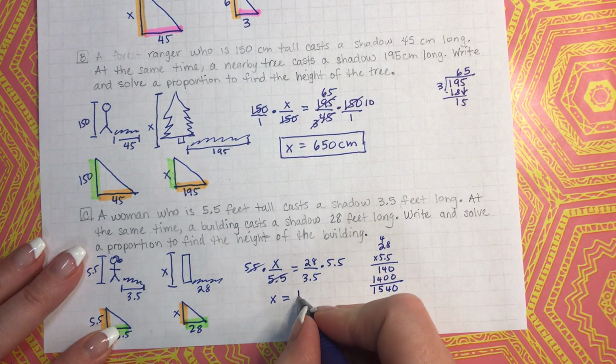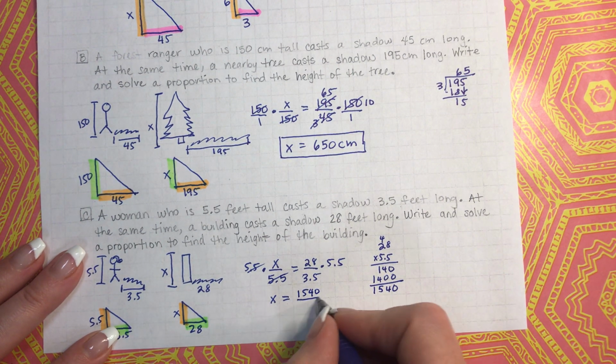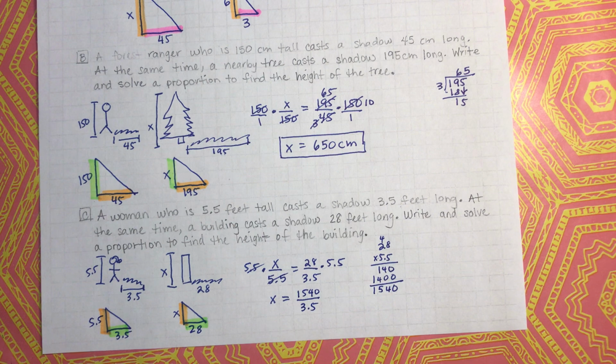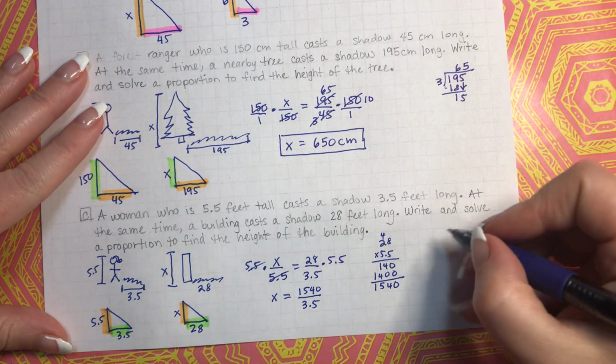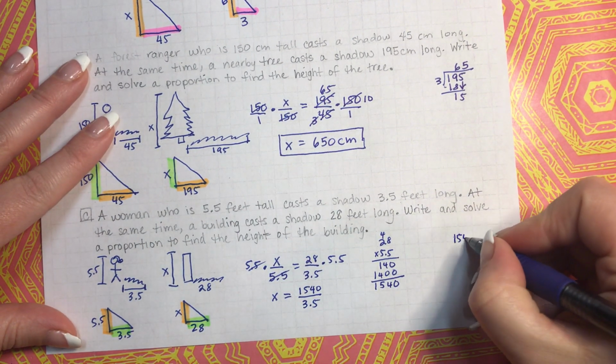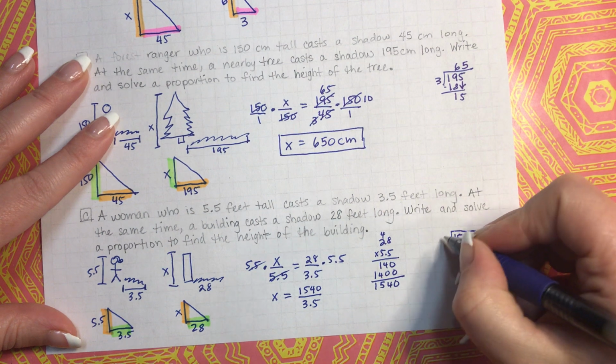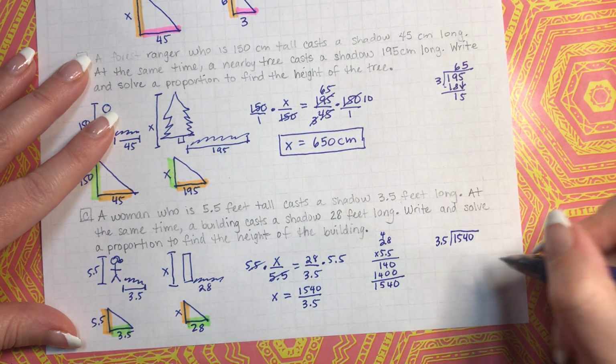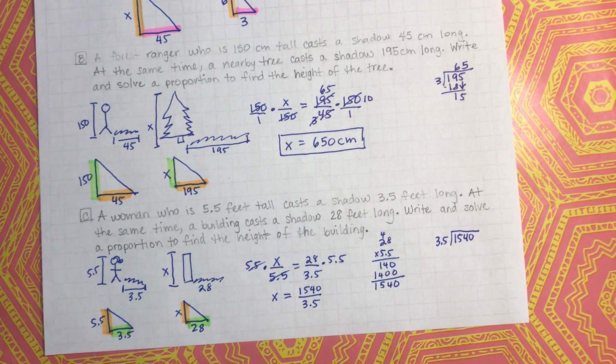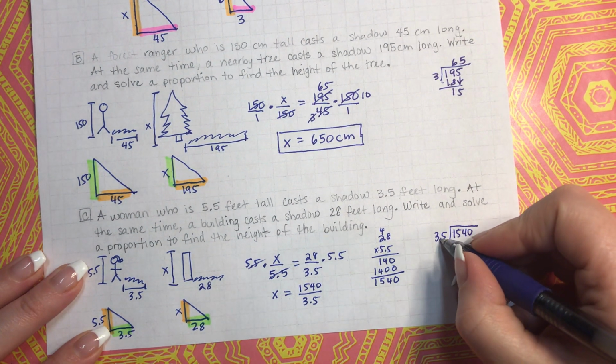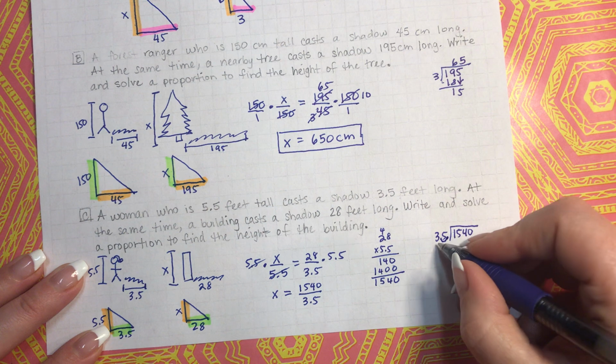Okay, so we get 1,540 divided by 3.5. So we need to go over here and do that. The one thing you have to remember whenever you're dividing by decimals is that you can never divide by decimals. So we need to get rid of the decimal by moving this over one place, making it 35.